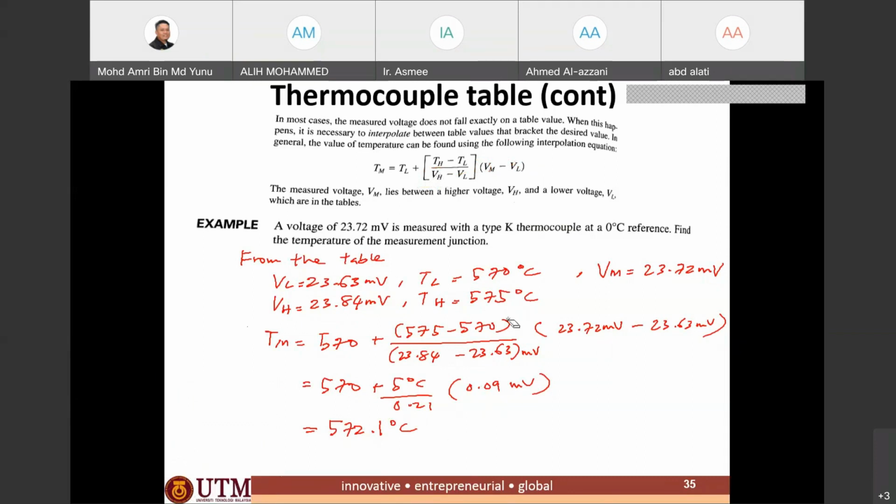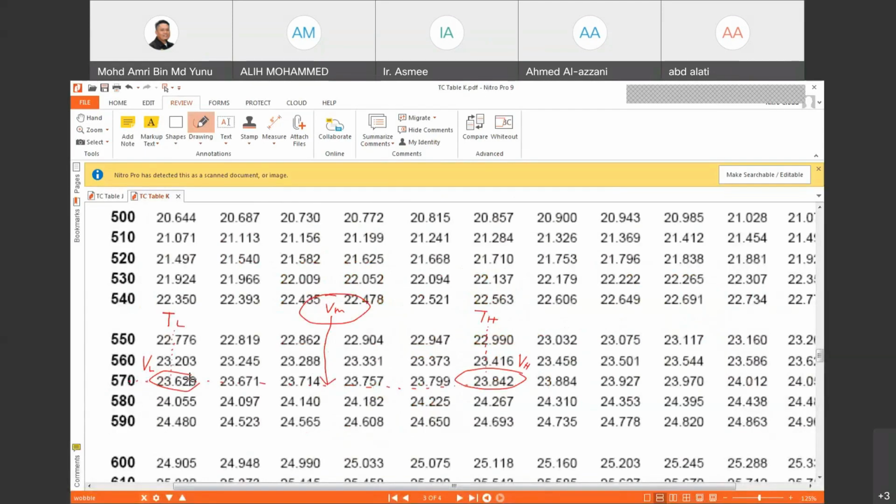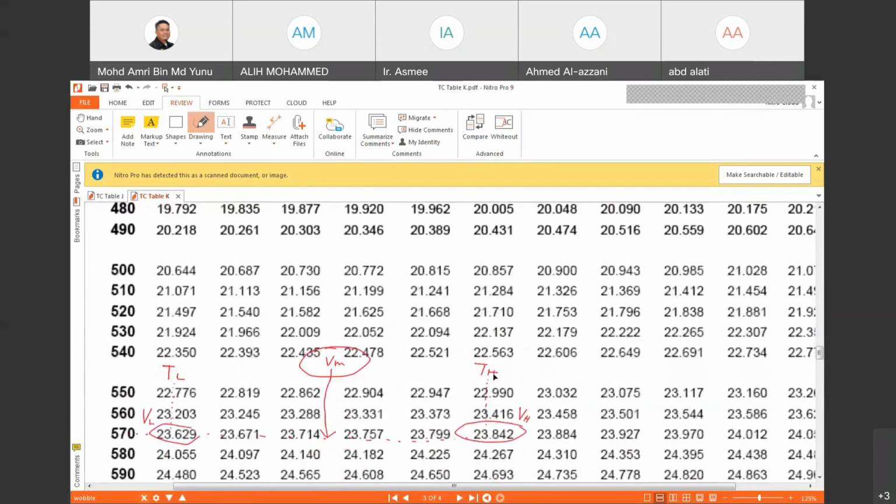So that is the case where the value is in between. The value is not stated directly on the table, so you need to do interpolation. So remember that the point that I choose is this point and this point. If you want to choose this as a VL and TH, I think you should get the same answer, and or you choose this one should get the same answer, because this linear interpolation is output on the table.